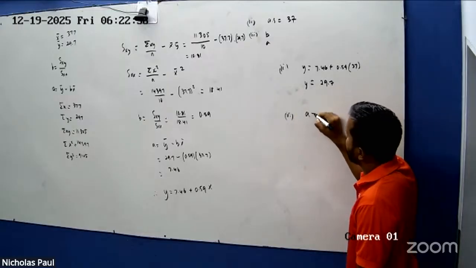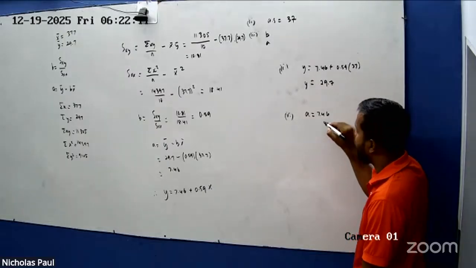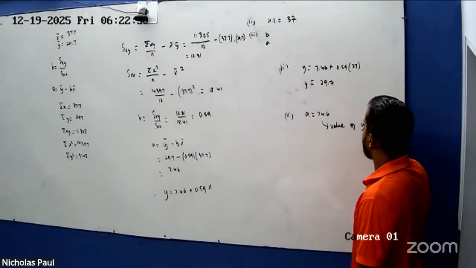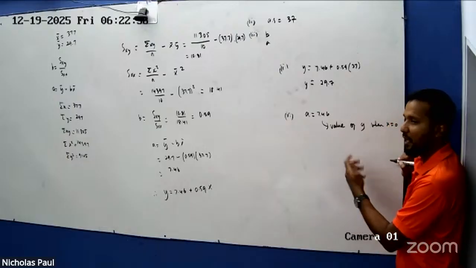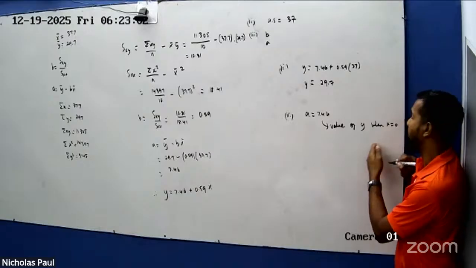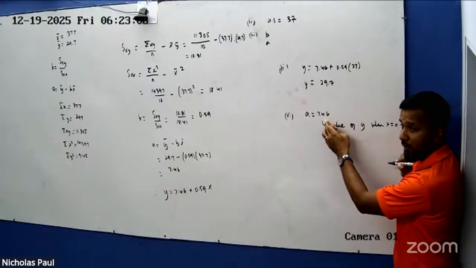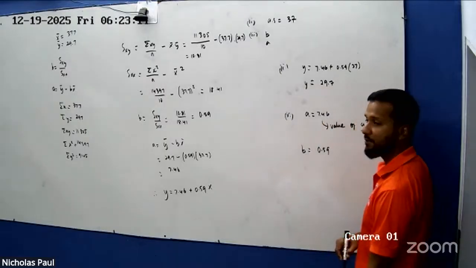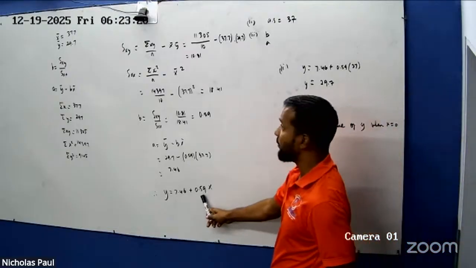We need to understand some values now. What does A mean? A is 7.46. A, regardless of whatever x and y is, is the value of y when x is 0. So based on the scenario where the performance was based on the aptitude score, when the aptitude score is 0, your performance is that value. But what about the value b? What does 0.59 mean? What does this value in the formula tell you in words?